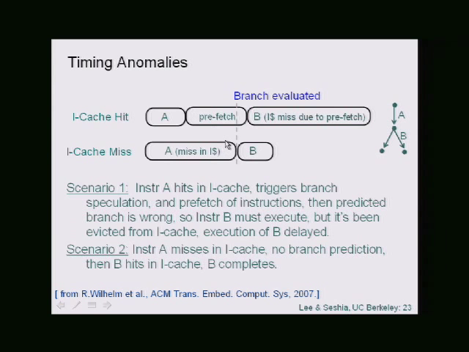Yeah, so I think the difference is really in the timing. When did you execute the instructions? So in this case, when you had a cache hit, you would have started executing instructions in A earlier, and you would have speculatively started executing instructions.